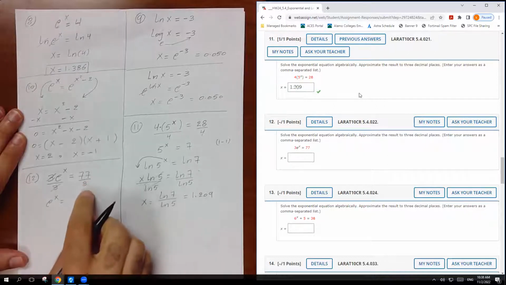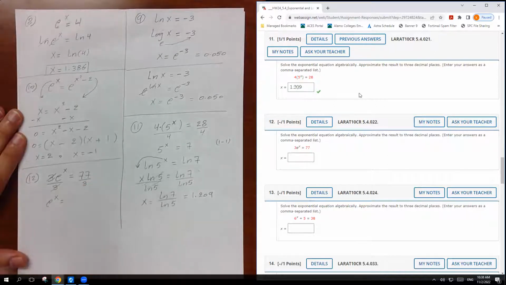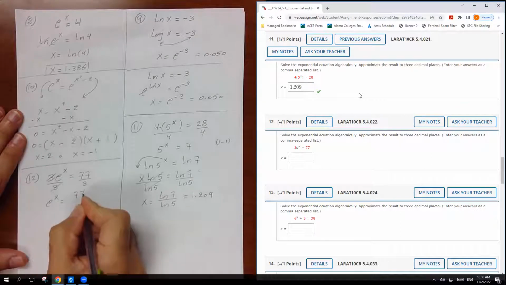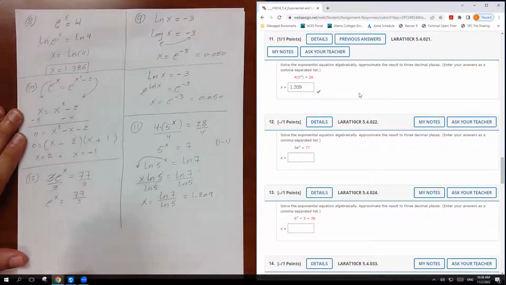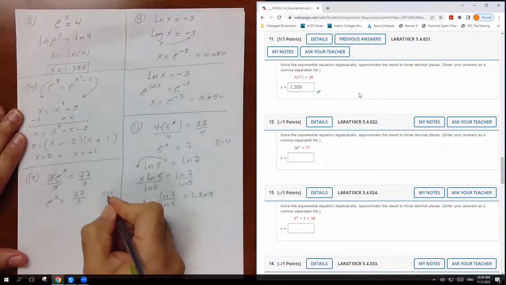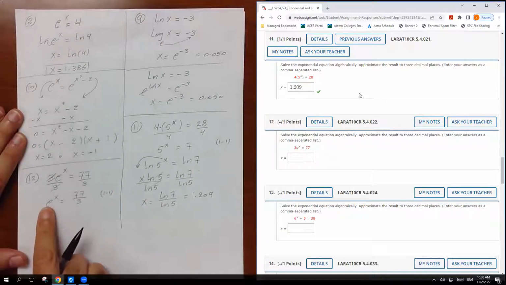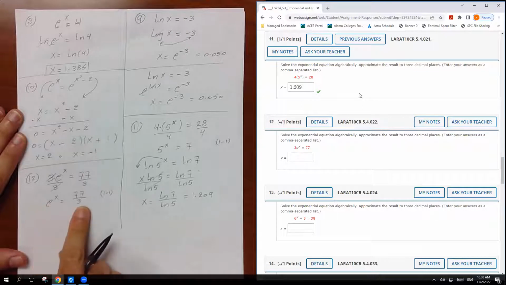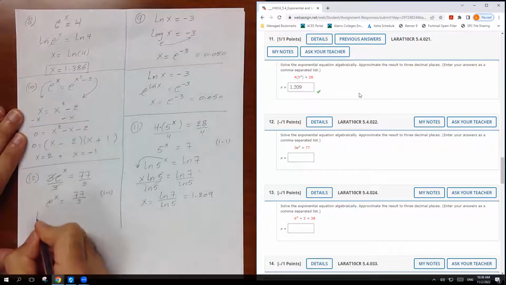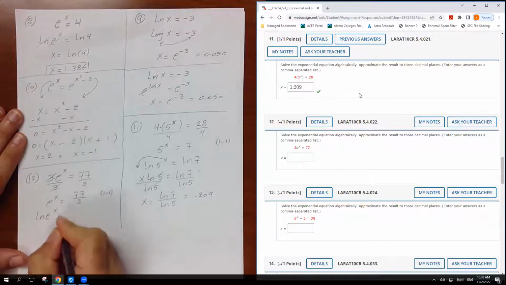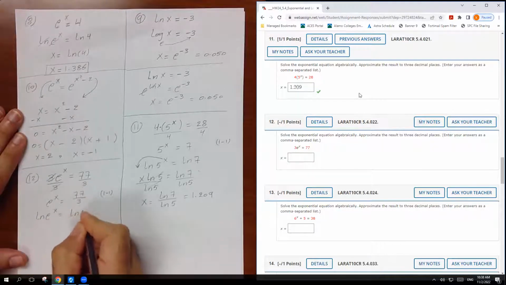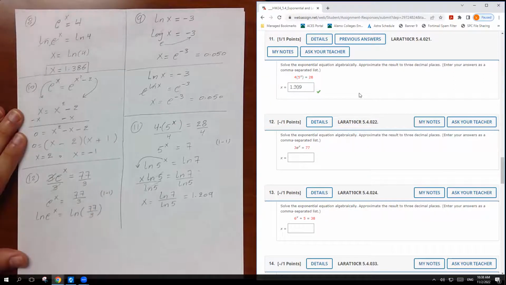Do not type a decimal number, so keep it as 77 divided by 3. Then I'm going to use the one-to-one property: if x equals y, that means ln x equals ln y. So I'm going to take ln of both sides. I'm going to put this one in parentheses so I know this number is for the ln.